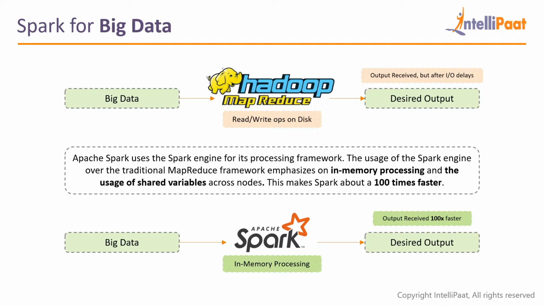The overall reduction of not having to read and write every time there is a processing procedure going on considerably reduced the time, and that made Apache Spark about 100 times faster than Hadoop MapReduce. At least where large amounts of data is concerned, because in smaller amounts of data you wouldn't notice the difference, but when you're dealing with a large amount of data, a little bit of input-output delay could add up, and that is why in Apache Spark, when we're dealing with a large amount of data, we notice the difference.